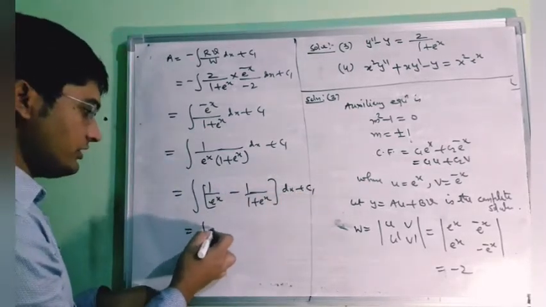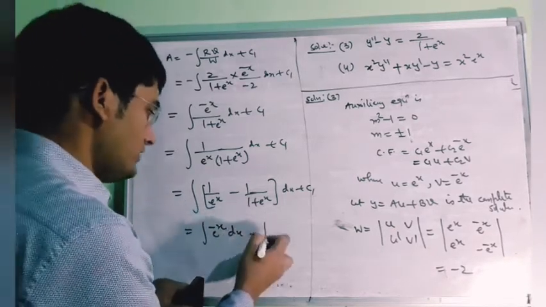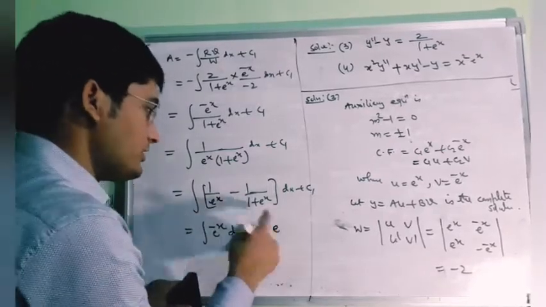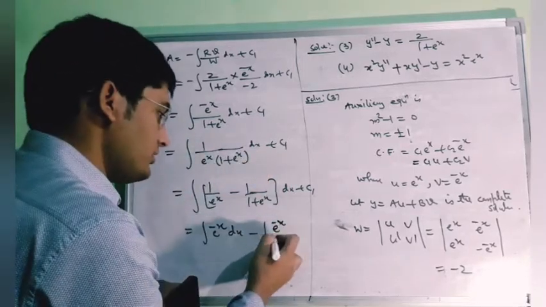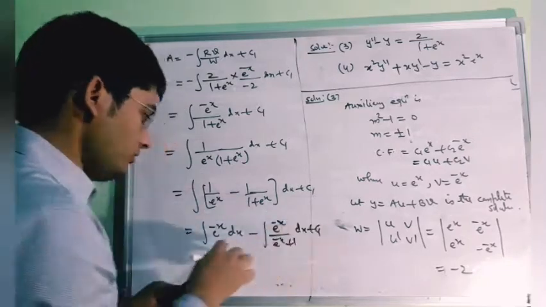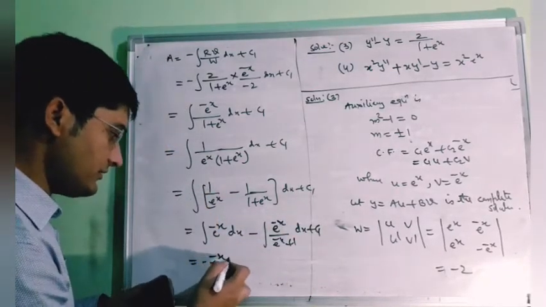So this is equal to integration of e to the power minus x dx. Then here we can write it as, let us take e to the power x common, then in the numerator we will have e to the power x common. And if you take this term in the numerator as t, then we will have this one. Now the integration of e to the power minus x will be minus e to the power minus x.